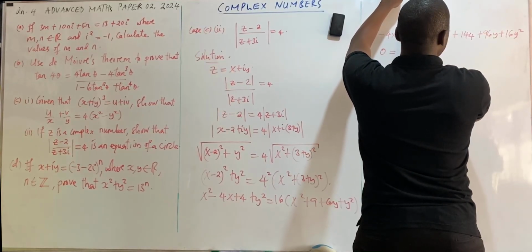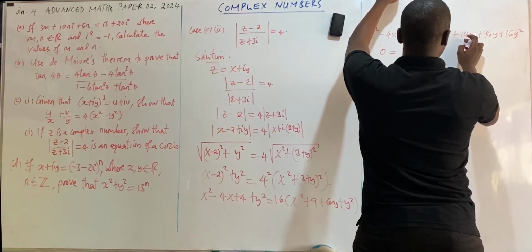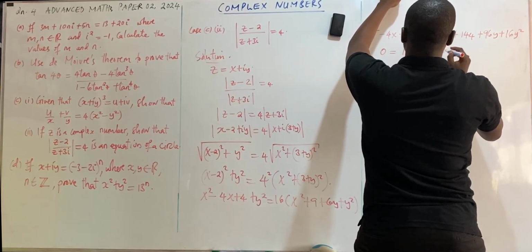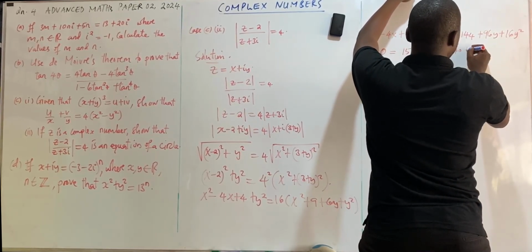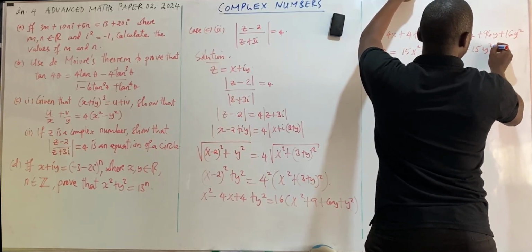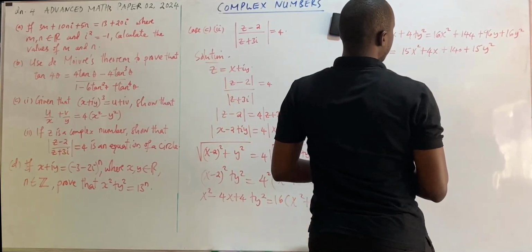Then this 4 goes to the other side, it means we take out 4, so here we remain with the plus 140. This y square goes, and we remain with 15y square, because 16y square minus y square gives 15y square.